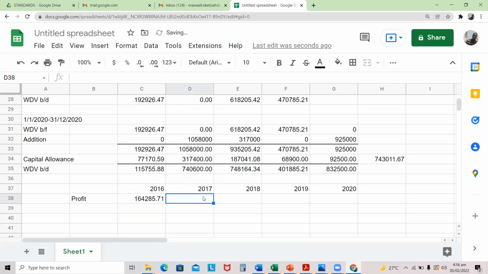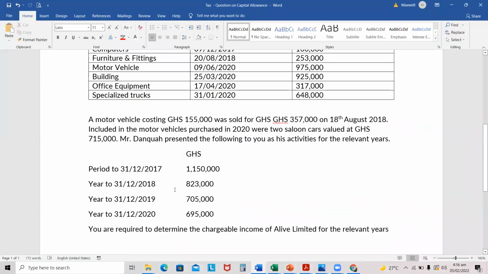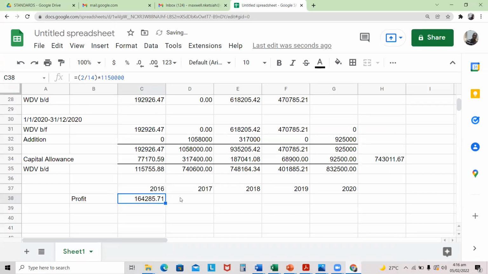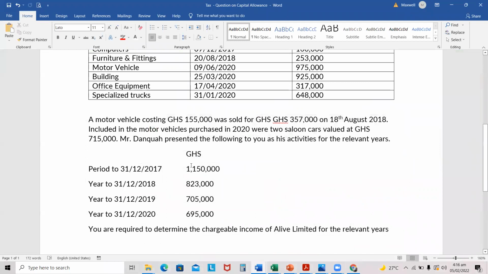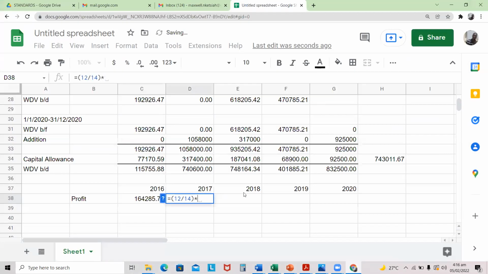Then 2017. So 2017 is a full year, so 2017 will be 12/14, so that 12 plus 2 will give you 14. 12/14 times 1,150,000.